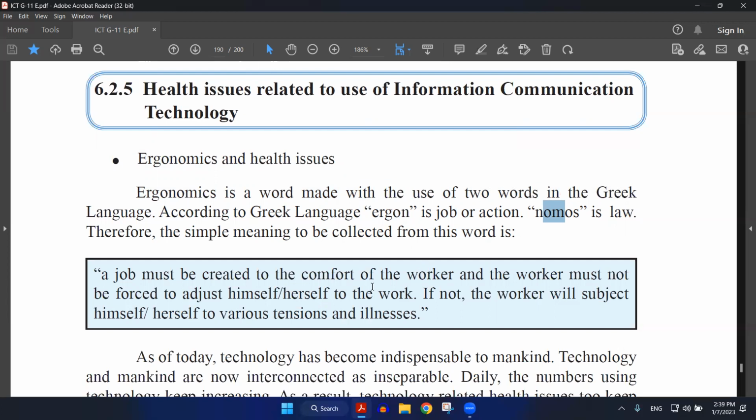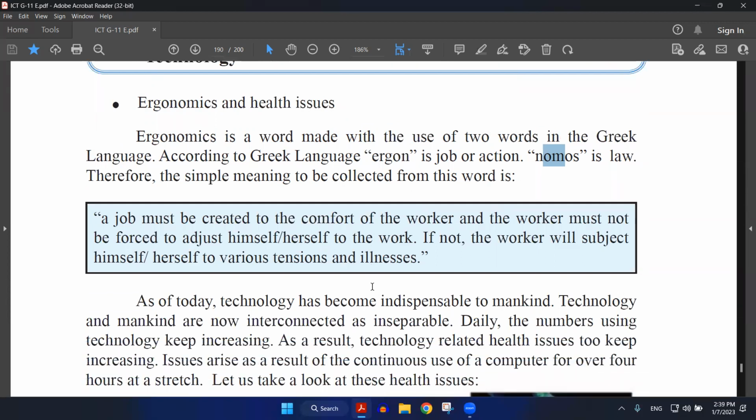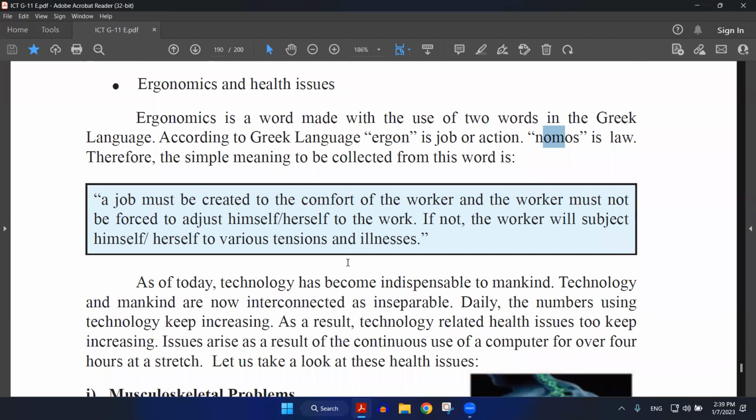If you do not follow the correct health practices when working with ICT, you will definitely step into some very uncomfortable health conditions, right? Maybe they are not deadly, but they are very annoying.